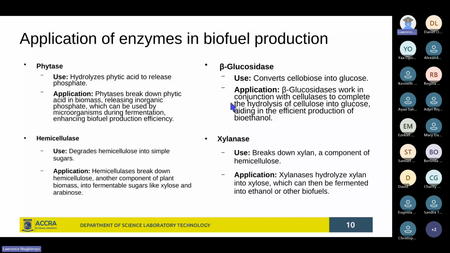So, for instance, why is Thailand the biggest in the production of cassava and its products? Because they have been able to engineer a variety of cassava that produces the highest yield of starch.